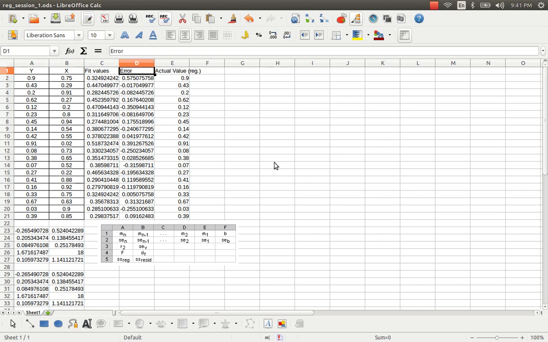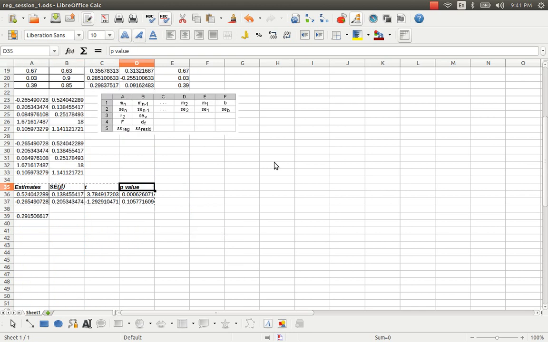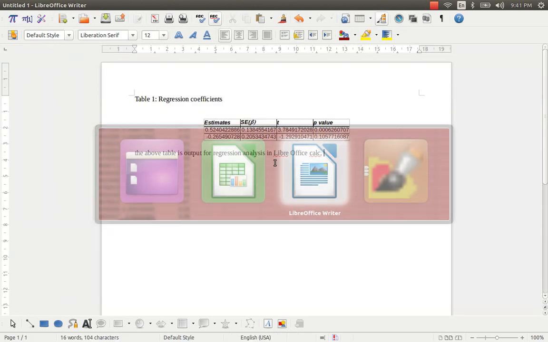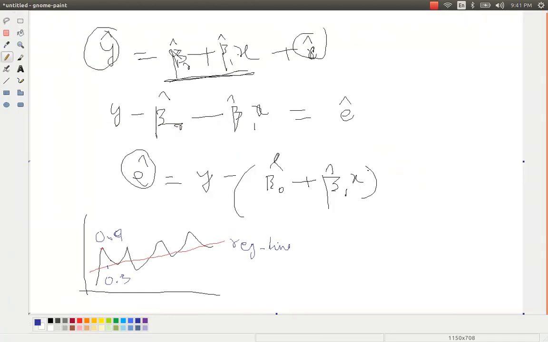Now I'm going to explain how to do the significance test for error. So here we have the error, and we can go for the sum of the error. We have to take the square, isn't it? So the formula says that we have to take the square.